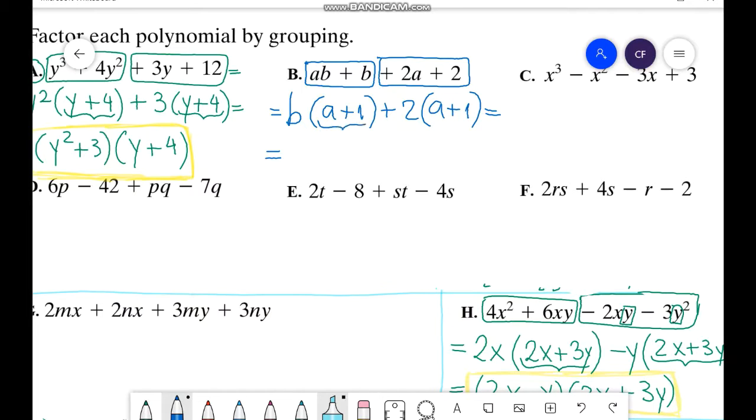If we have the same binomial, then we can write down as B. I like to write the a first: a plus 1 times b plus 2. This is the right answer for letter B.